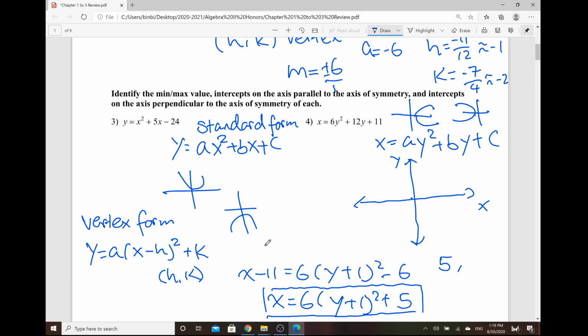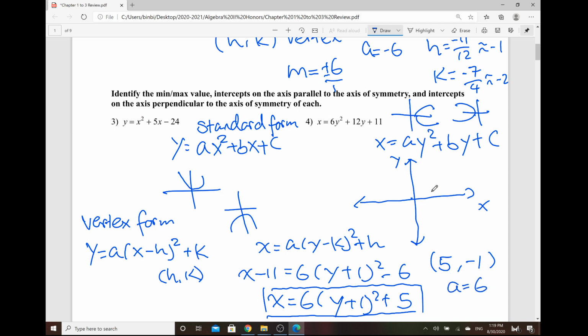So the form is considered x equals a times the quantity of y minus k squared plus h. So for h is 5, and then k would be negative 1, because negative times negative, then that would be positive. And then for the value of a, which is 6.